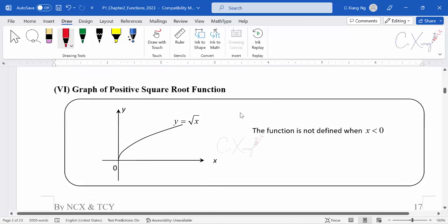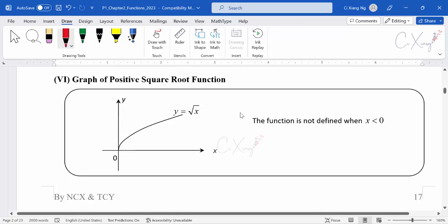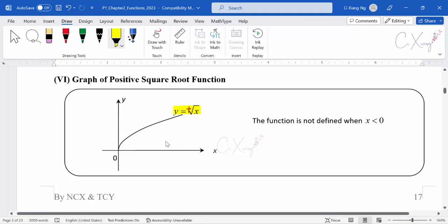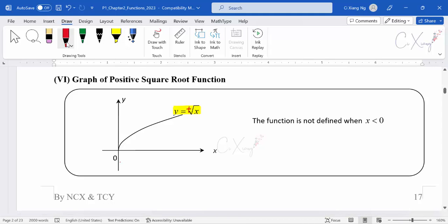Then proceeding further, we are talking about the positive square root function. When we have the positive square root function, it means that in front of the square root, there is a positive sign. The graph of the positive square root function only exists on the right hand side of the y-axis, where this part means that x is greater than or equal to 0.